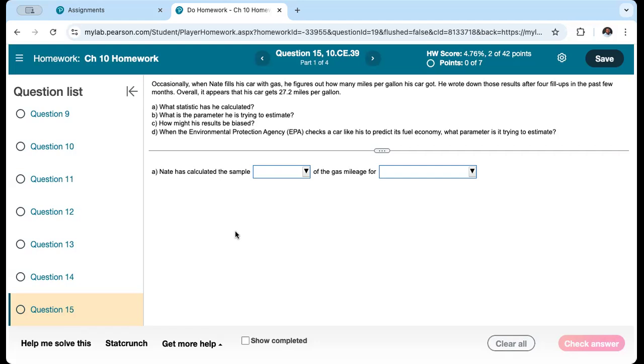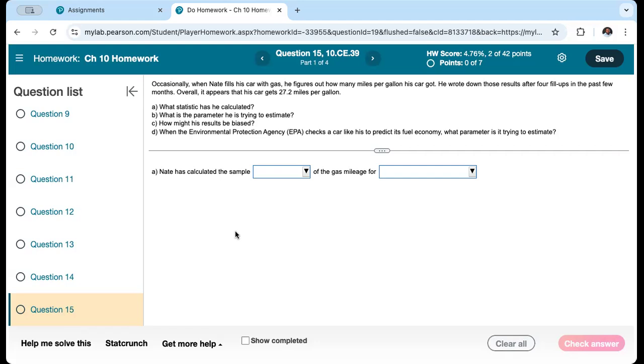And then it shows that overall it appears that his car gets 26.1 miles per gallon, and that's after he's written it down a few times, so that would be the mean. Okay. Anybody else? Julie, what do you think? I agree, so then sample mean, and then also the gas mileage for the last 7.